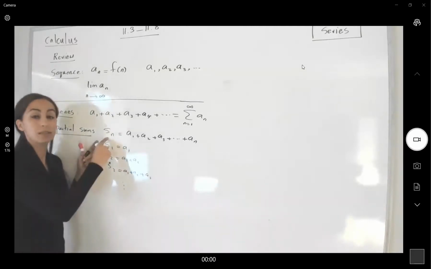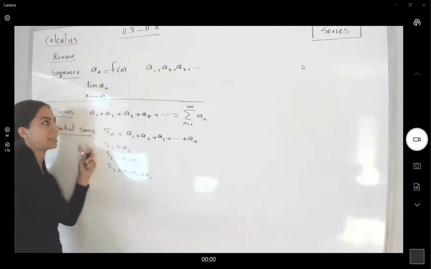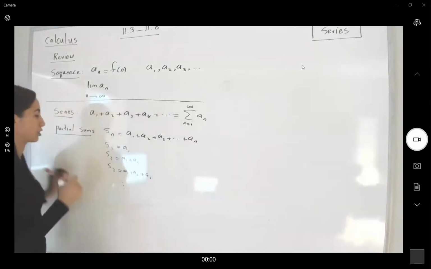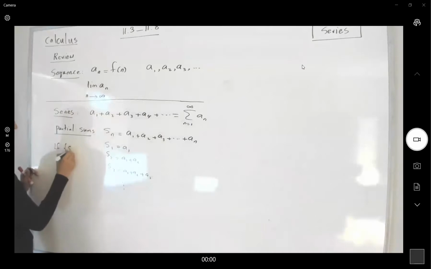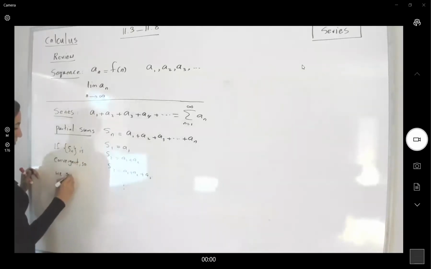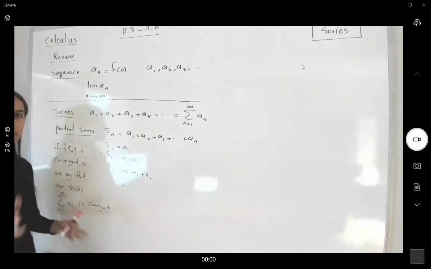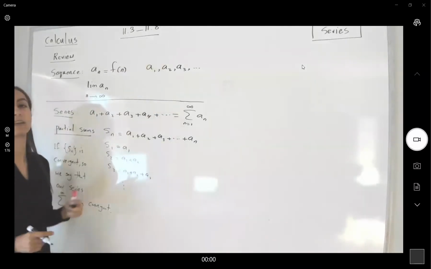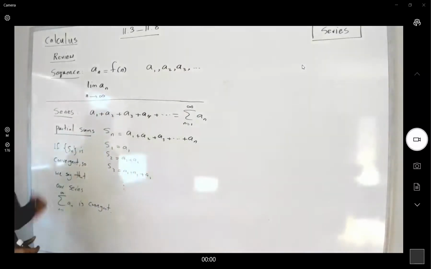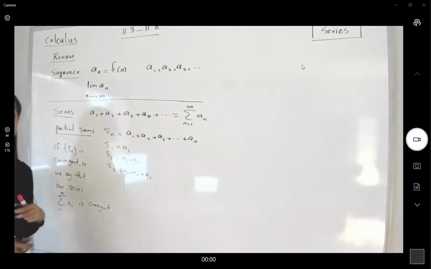If this sequence S sub n is convergent, we say that this series, sigma a sub n, is convergent. As you can see, we go back and forth using the techniques we learned for convergent and divergent sequences to work with a series.